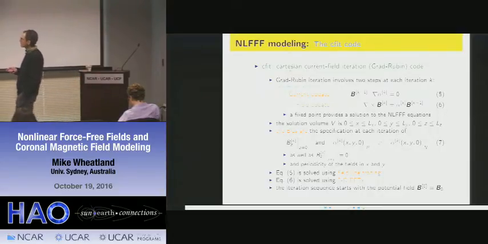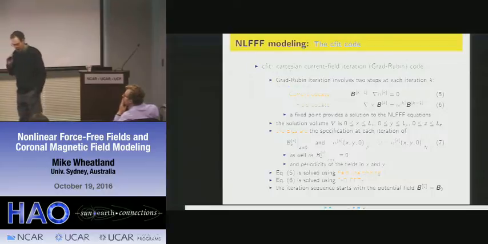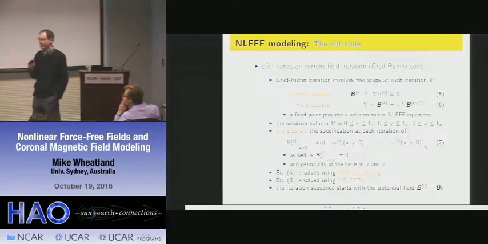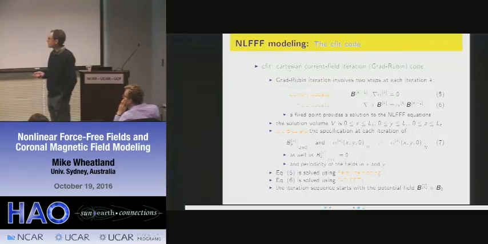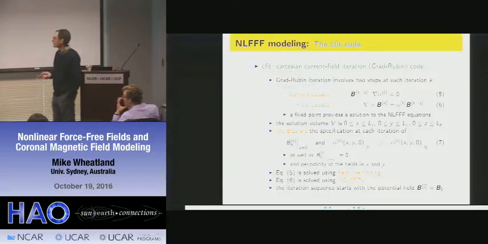Also, for this Cartesian volume, I'm going to talk about the case where the top boundary is closed, so the normal component of the field there is assumed to be 0. And the method of solution imposes periodicity of the fields in x and y, so I use Fourier solutions. So they are the full boundary conditions for this code.